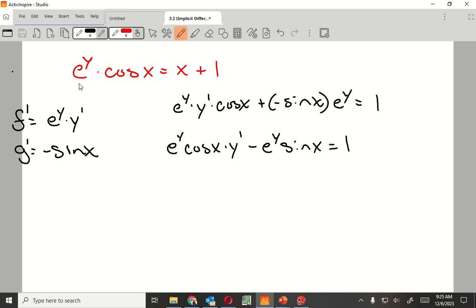Now, again, this is kind of why I prefer the Leibniz notation, the dy dx, because I'm trying to get the y prime by itself in this case here. So I'm going to start by moving that over there. So I'm going to have to add e to the y sine x to both sides.